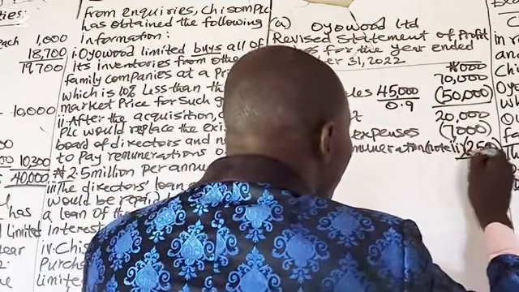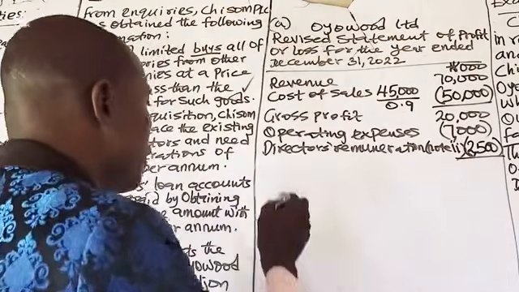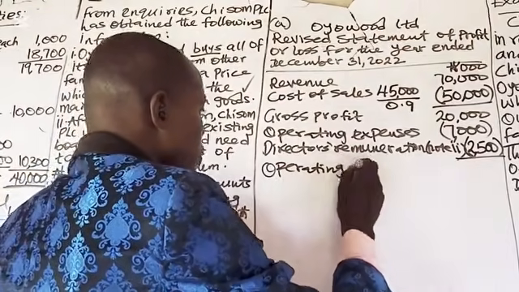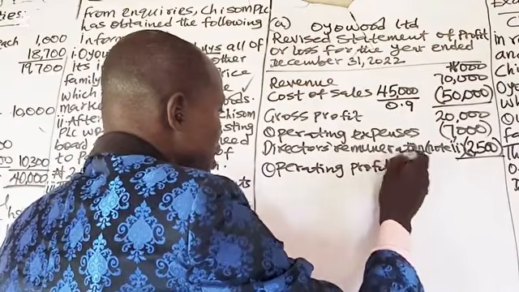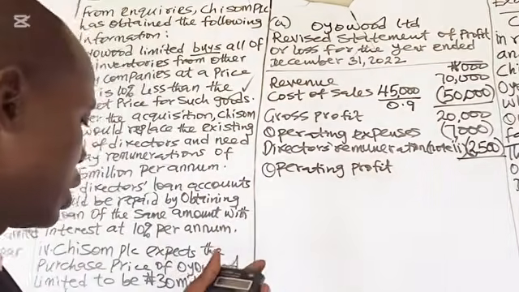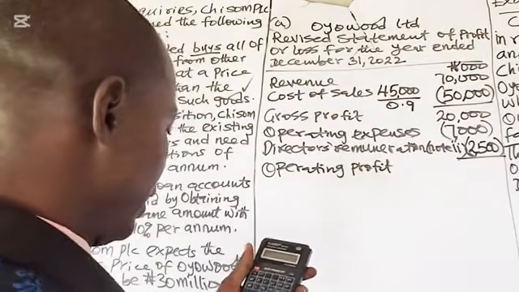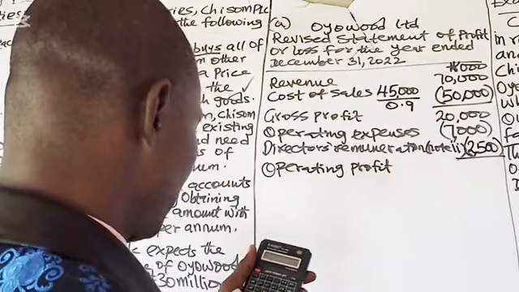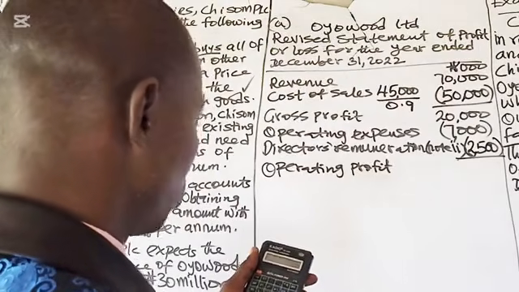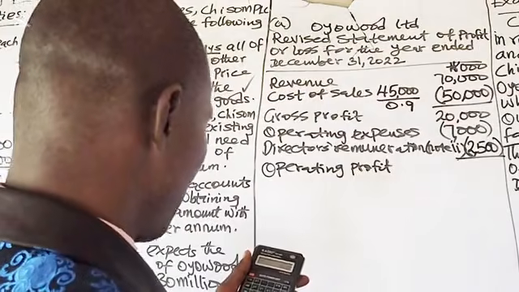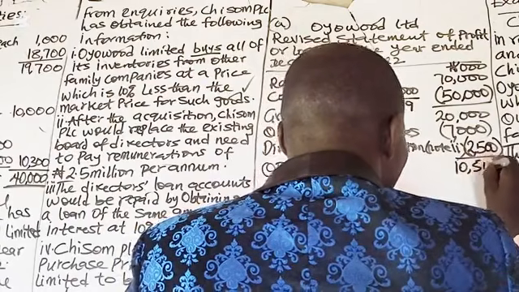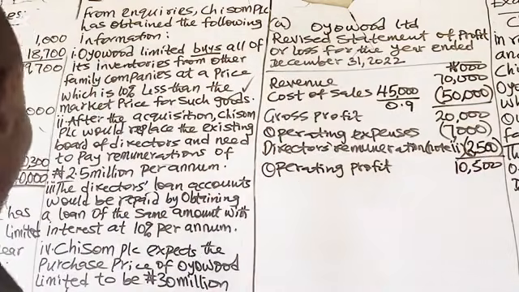That means the profit you will arrive at will be operating profit, in accordance with the provisions in IFRS 18. So 20,000 minus 7,000 minus 2,500. So we have the operating profit of 10,500. So you check it, there is investment income.